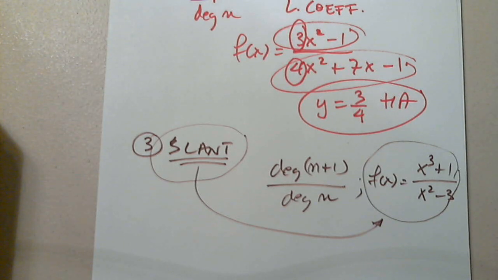Okay, so here's the first question, 19. What is the horizontal asymptote of 19? Zero. Yes, because the degree of the top is smaller than the degree of the bottom. Awesome. What about 25? What is the horizontal asymptote for 25?